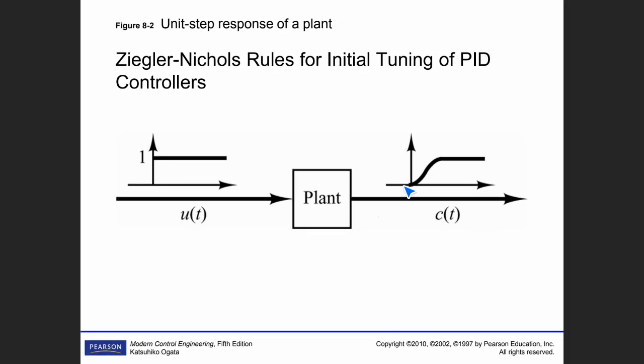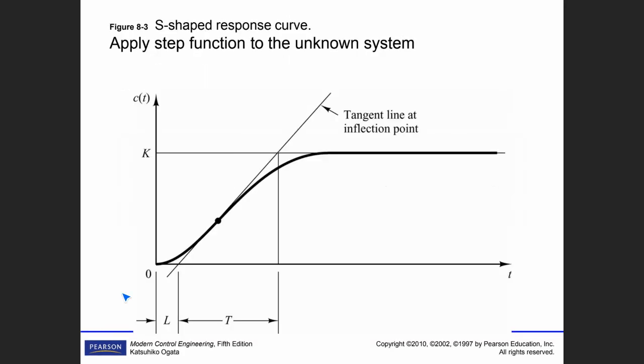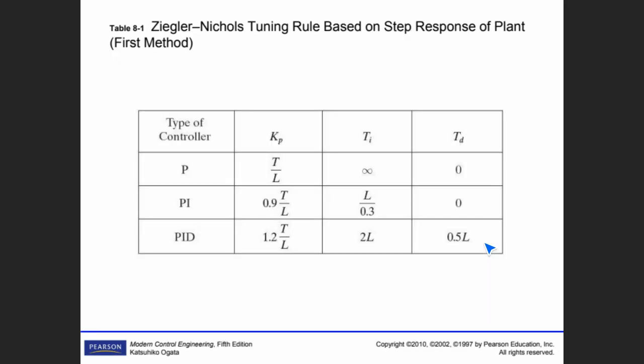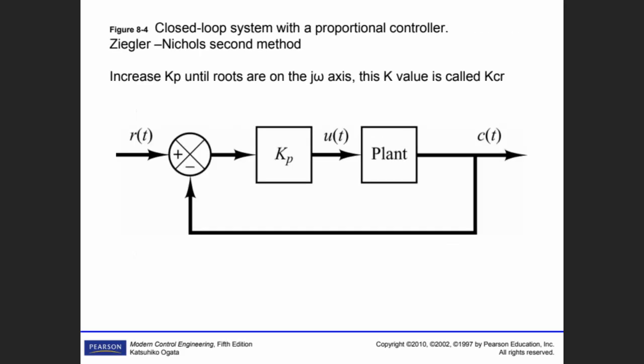If your system is not oscillating, then you are going to measure or calculate L or simulate to obtain T and obey that rule. PID should be selected initially. These are initial values. Be careful. Not the optimum values. But initial is very important. In order to start with the roughly correct values is important.